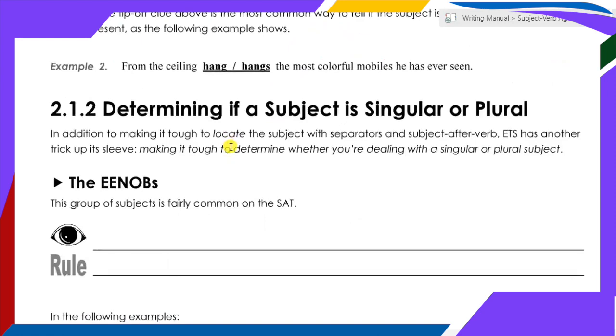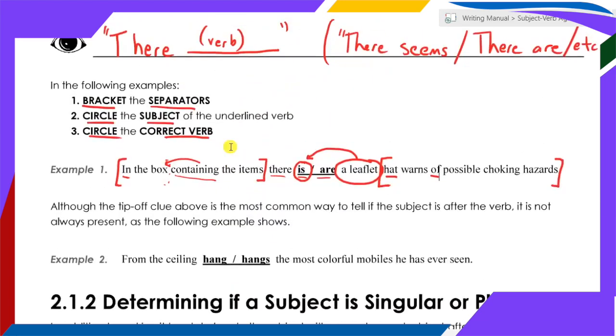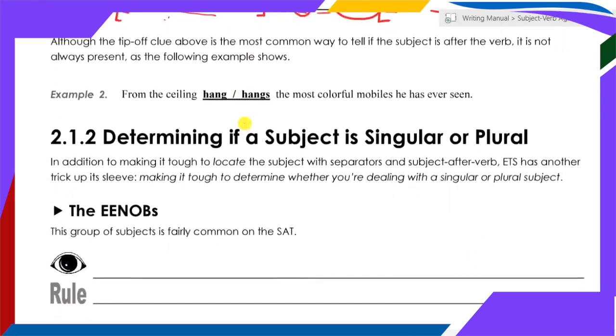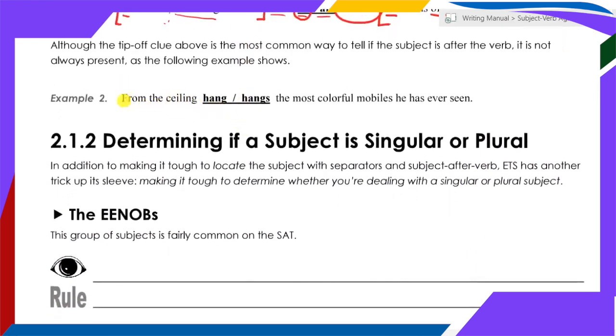Example 2, again, this is not the tip-off clue that we just discussed. The tip-off clue that we just discussed was this there plus the verb. In example 2, we actually have a slightly different situation. Let's take a look at example 2. Note that it does begin with a prepositional phrase, so we are going to bracket from the ceiling. So notice that eliminates any noun before the verb as our subject.